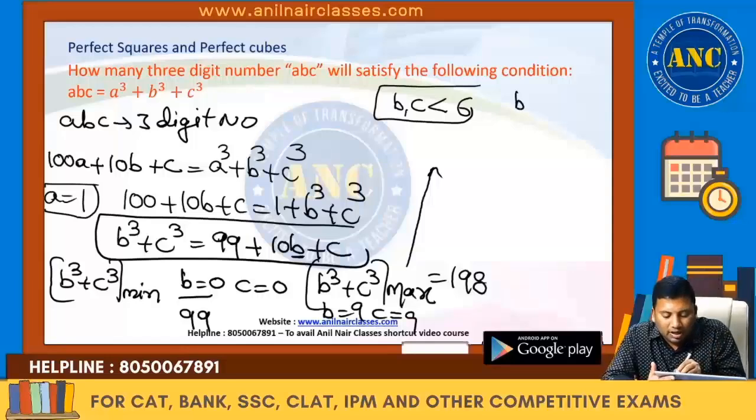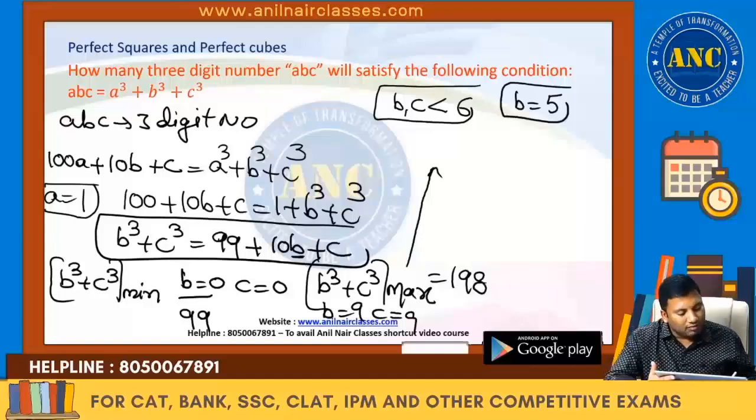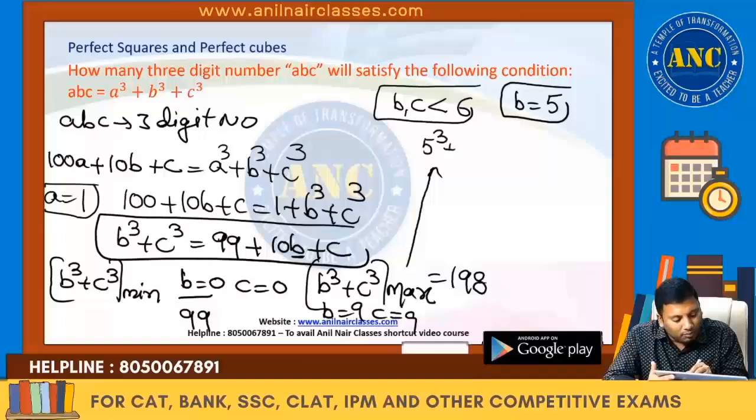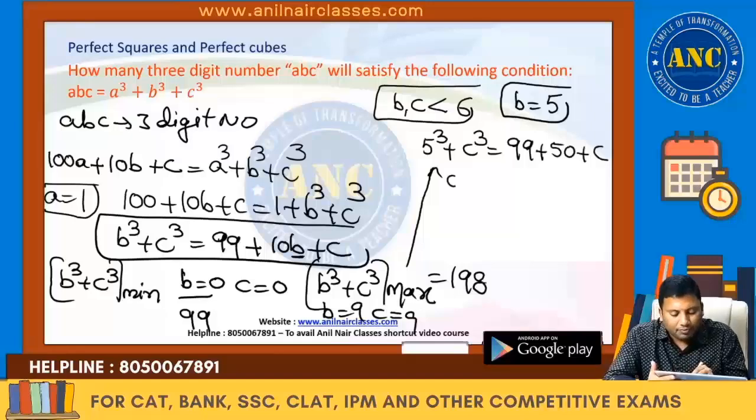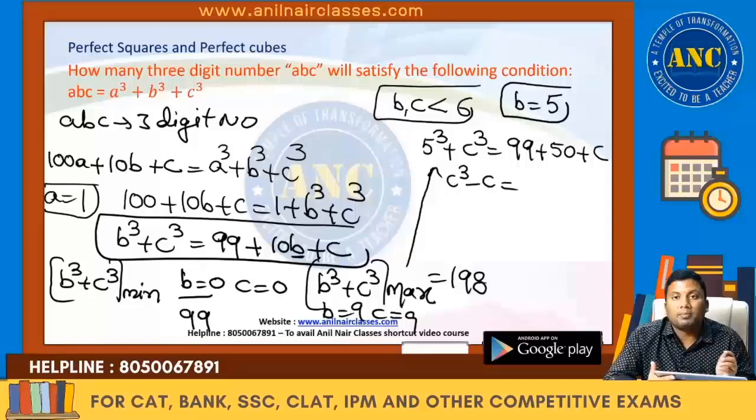So let me take B value 5. If I take B value 5, what will the equation become? This will become 5 cube plus C cube equivalent to 99 plus 50 plus C. C cube minus C is nothing but 99 plus 50, 149, 149 minus 125, 24.